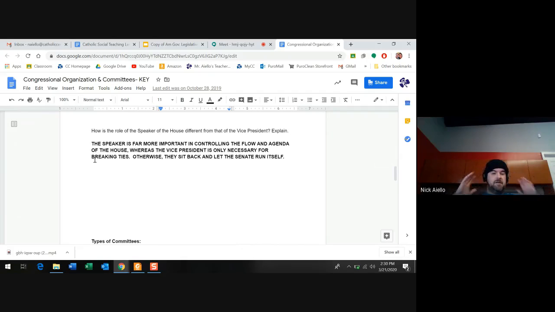This is what I was just talking about. The Speaker of the House really controls the flow of the House, as far as you need permission from the Speaker to bring something new to debate, as far as getting something on the agenda, all this various stuff. Whereas the Vice President really kind of just sits back, and the Senate is a bit more of a free-for-all than the House.